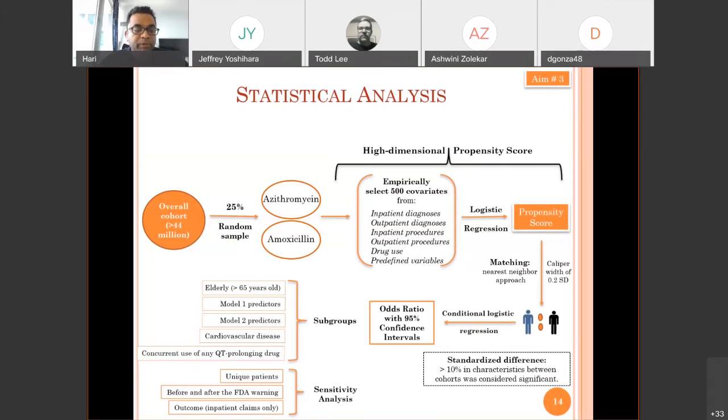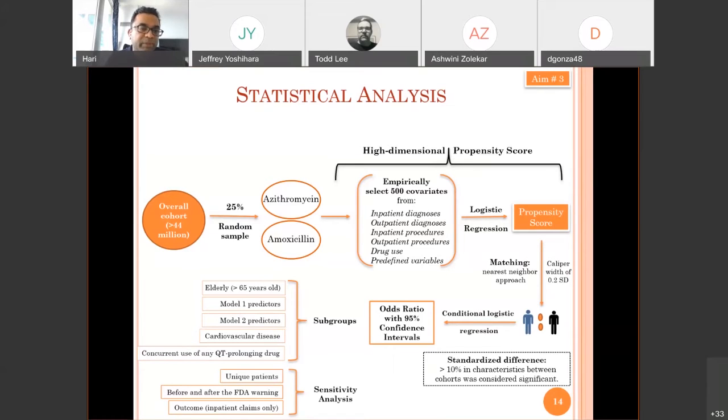In terms of the subgroups, we looked at patients who were over the age of 65, and then we looked at predictors that we had identified in our previous model. And again, some of the predefined variables also included what we found from our prediction model from AIM-2.